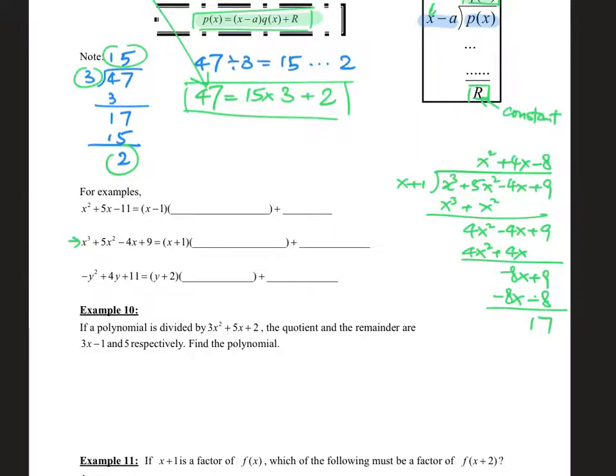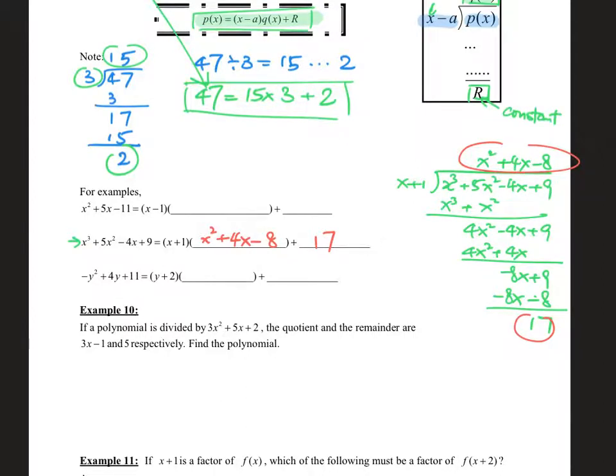Then you will see that you have a quotient, x squared plus 4x minus 8, which should be multiplied by x plus 1 to form the first part in the division algorithm, while you have the remainder 17 to be added at the end. So this is the answer in the format of the division algorithm.